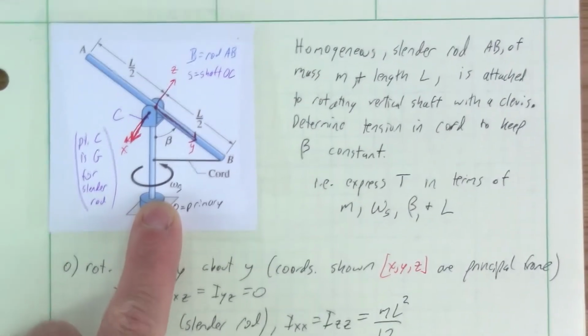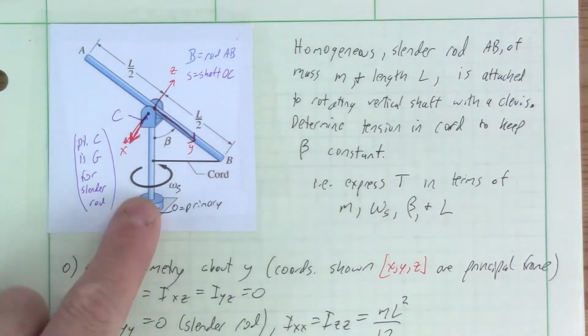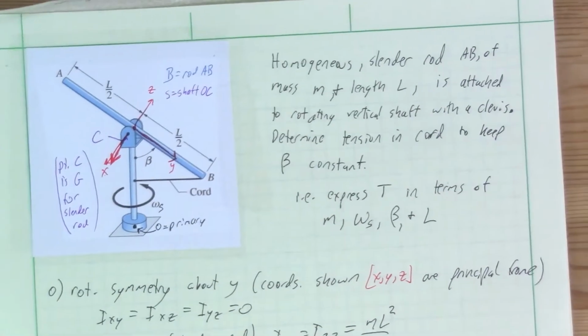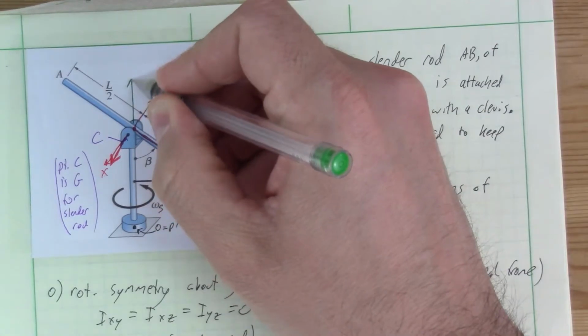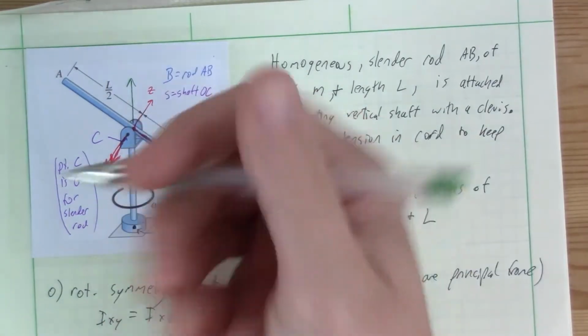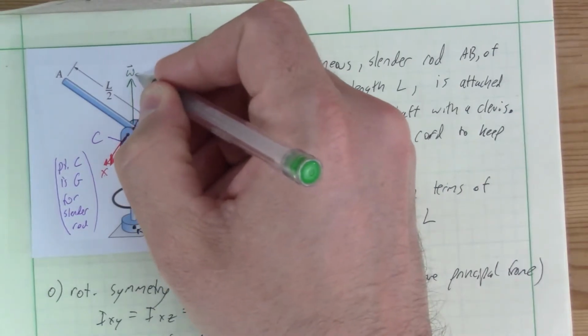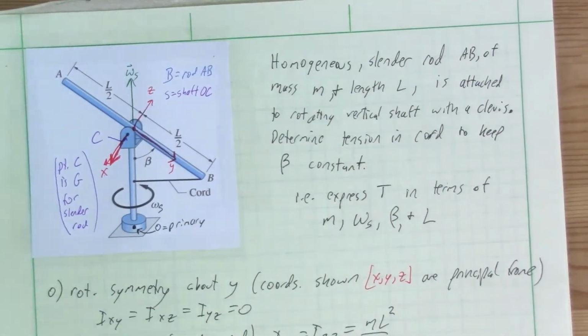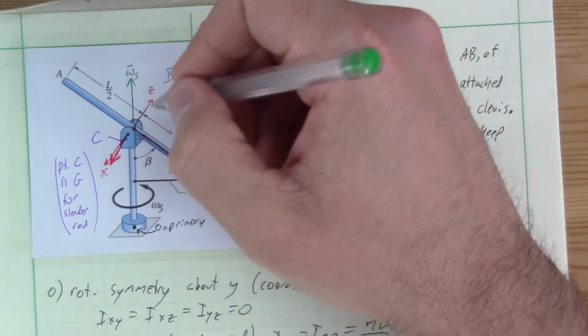Now first we have to write everything in our coordinate system. Well, this omega s is straight up on the page, right? That is the axis of rotation for omega s. But that is not in our coordinates. We have to project this into the components x, y, and z.